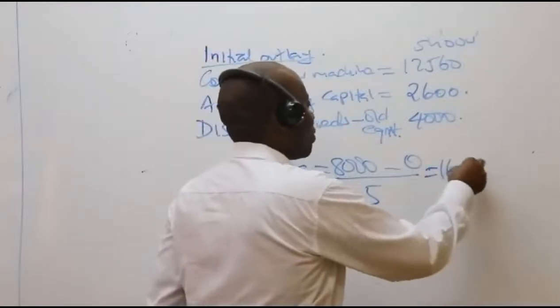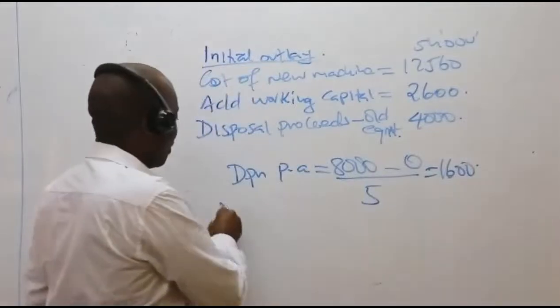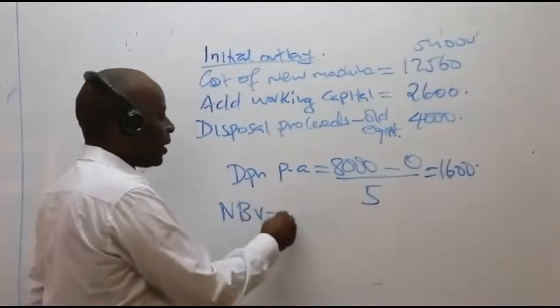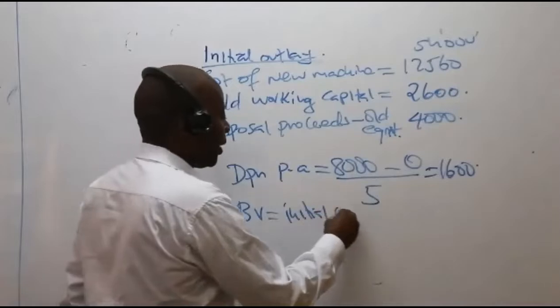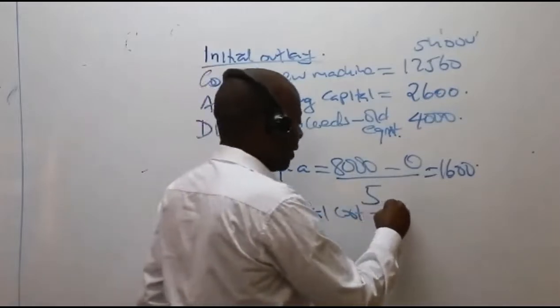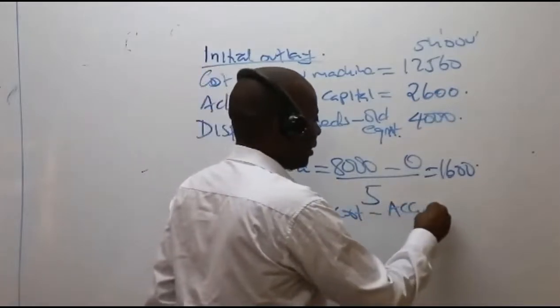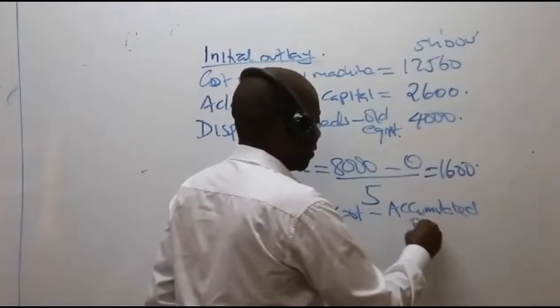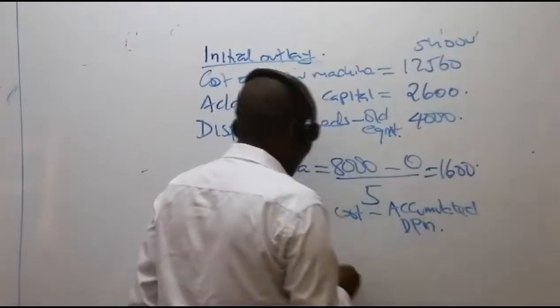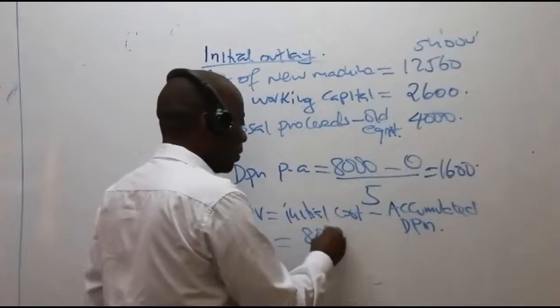So how do we get net book value? To get net book value, we normally take the initial cost minus accumulated depreciation. The initial purchase cost here is 8,000.